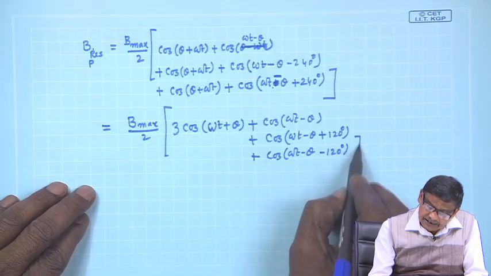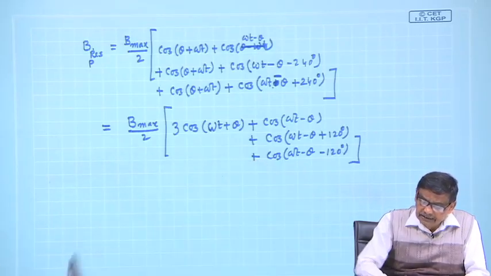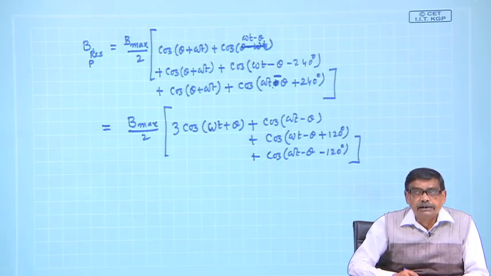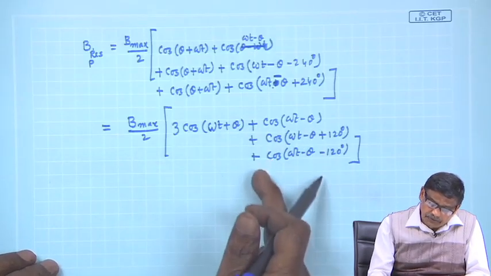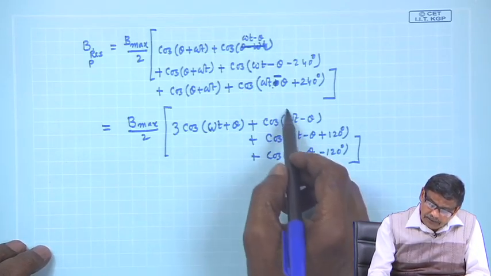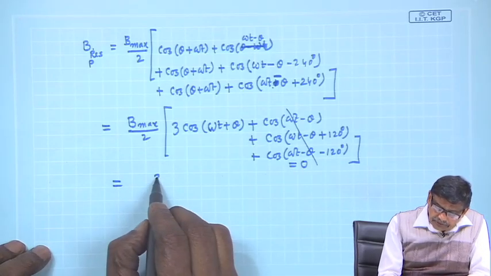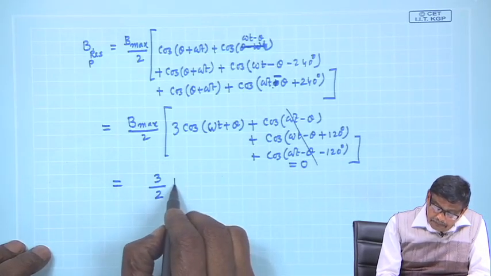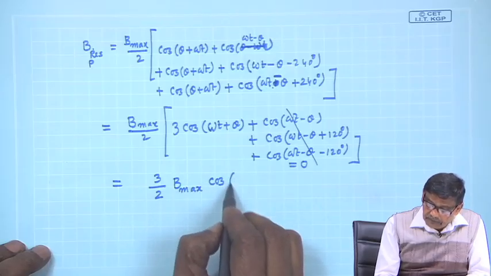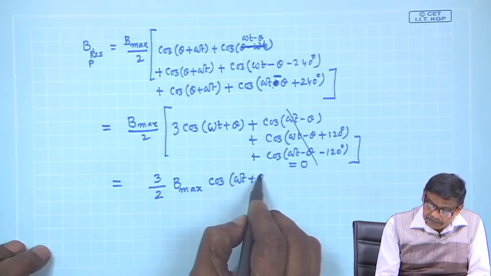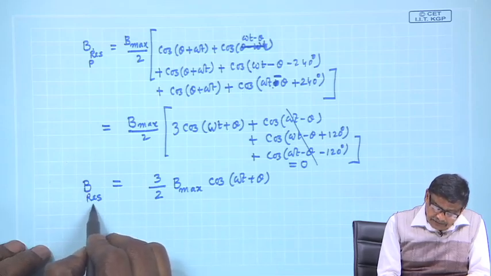So, it is like adding 3 sinusoidal or harmonically varying things with 120 degree phase displacement with the same amplitude, so this will vanish to 0 and you will be left with 3 by 2 B max cosine omega t plus theta. Okay, B resultant at P.